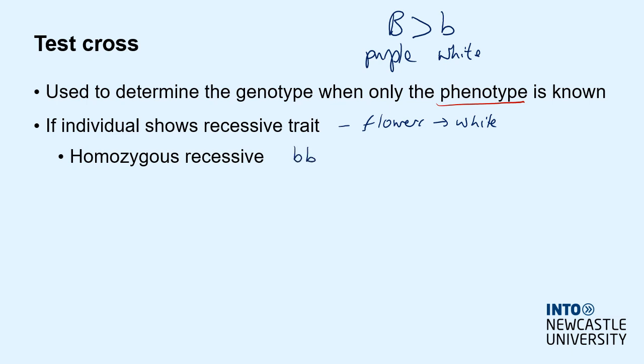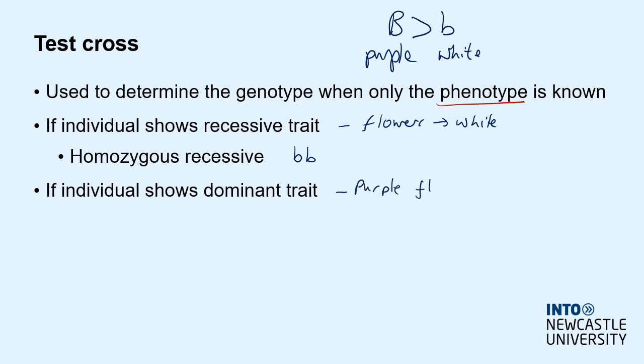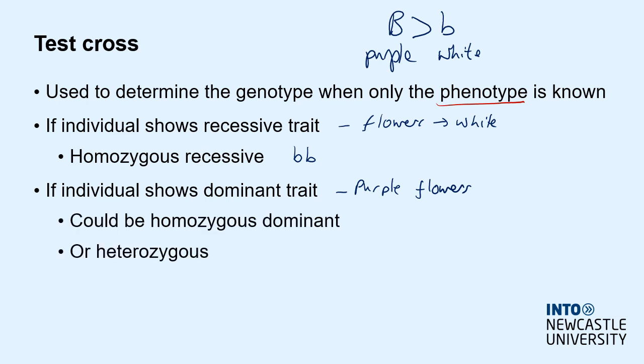If, however, they have the dominant trait, so they are purple coloured flowers, then we don't know whether they are homozygous dominant, big B, big B, or heterozygous, big B, little b. And that's when we would use a test cross.